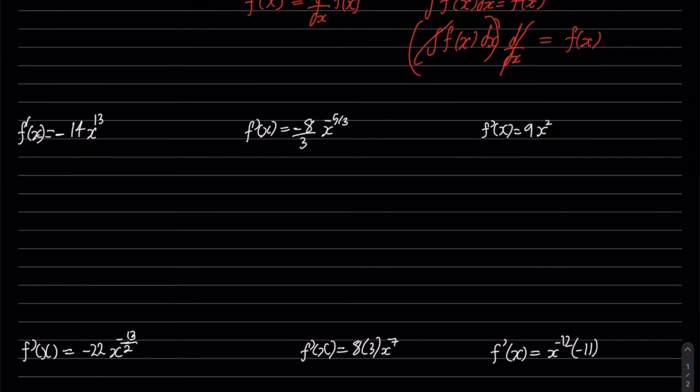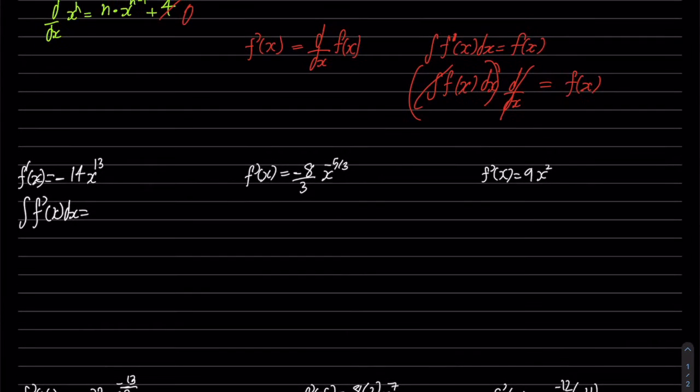Okay, so now we have the integral of f prime of x dx. This is just notation in the first part. I'm not going to follow it through the entire time. It is going to be negative 14 over 13 plus 1 times x to the 13 plus 1. So 14, right?